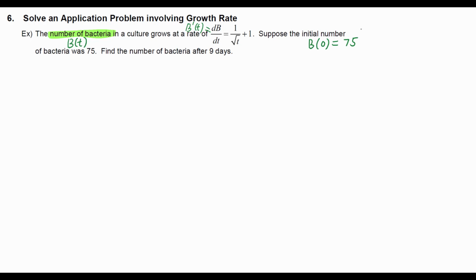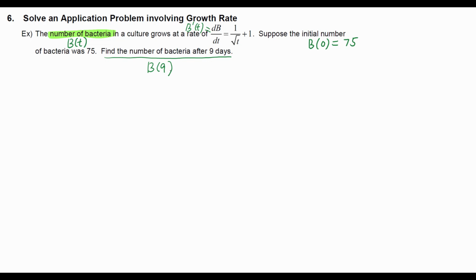Very easy, right? And the final question is not just to get b sub t, but they said find the number of bacteria after 9 days. So they want you to find b sub 9. So I need to get b sub t first, so I can actually plug 9 in there.